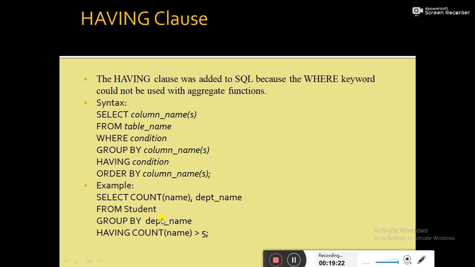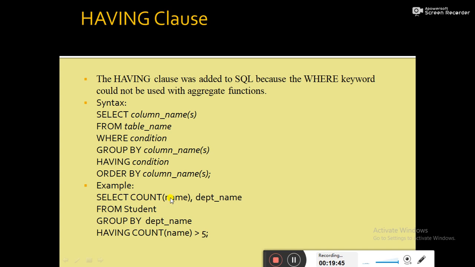Suppose we have to display the number of students present in each department, provided the department has more than 5 students. That means suppose we have 3 departments, for example, CSE department, IT department, and ECE department.